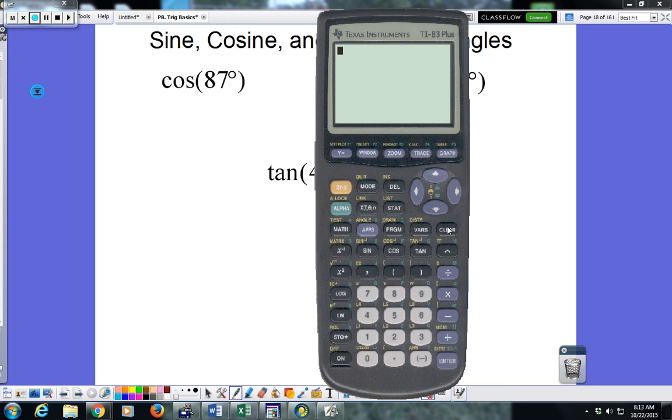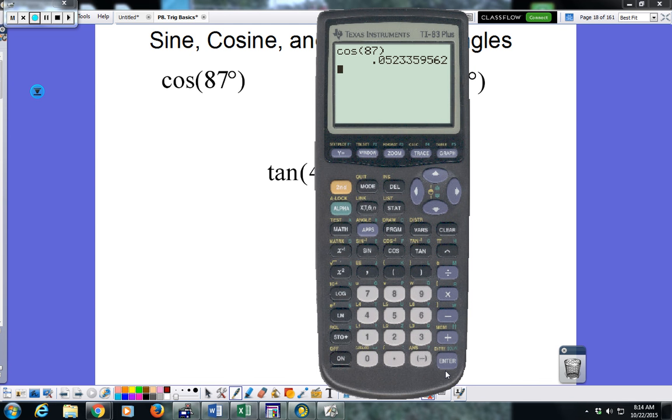For all 87 degree angles, whether it be a small triangle or a bigger triangle, the angles don't determine size of the triangle, because we know 2 triangles that are similar could also have a small triangle with an 87 and a big triangle with an 87. But you're actually finding the ratio of adjacent to hypotenuse for a triangle with an 87. Cosine 87, enter. That's all you got to do.